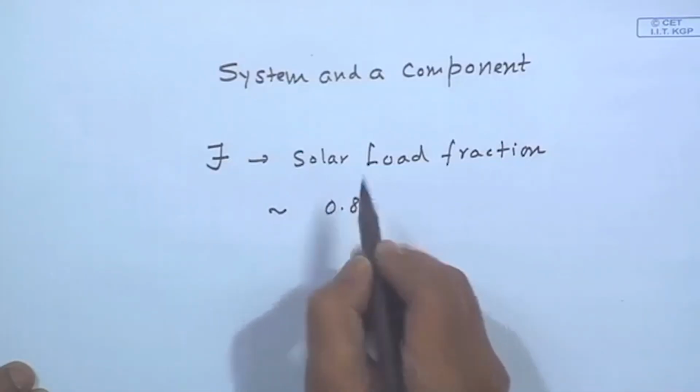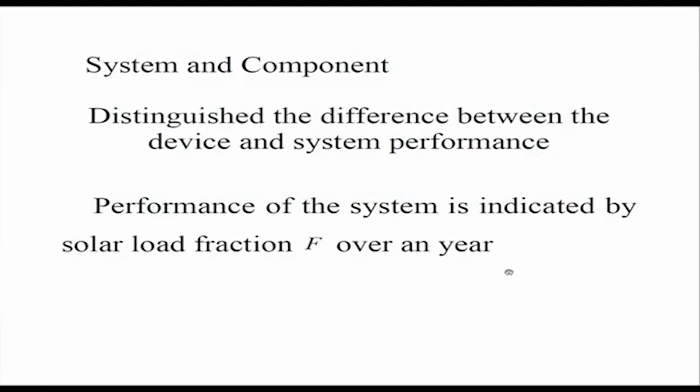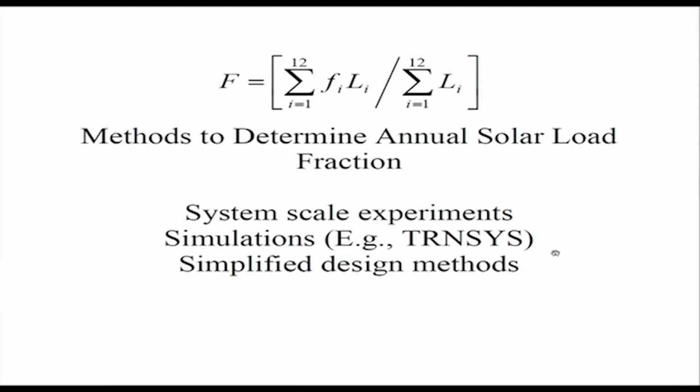If a particular space heating application is considered, for example a house, and it has 192 gigajoules of yearly load, out of which 180 or 150 gigajoules are met by the solar system, the solar load fraction will be approximately 0.8 or 0.7. The cycle period has been chosen to be 1 year because the meteorological cycle repeats itself, and also 1 year is a good period for economic analysis.